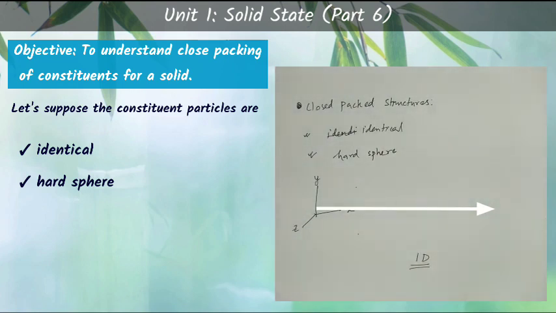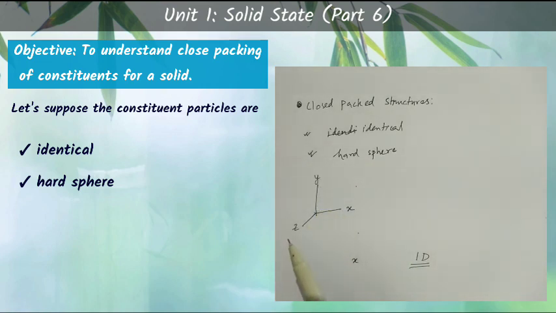So in case of 1 dimension, let's suppose only the x-axis. We can use any one axis. It may be the x-axis, the y-axis, or the z-axis.